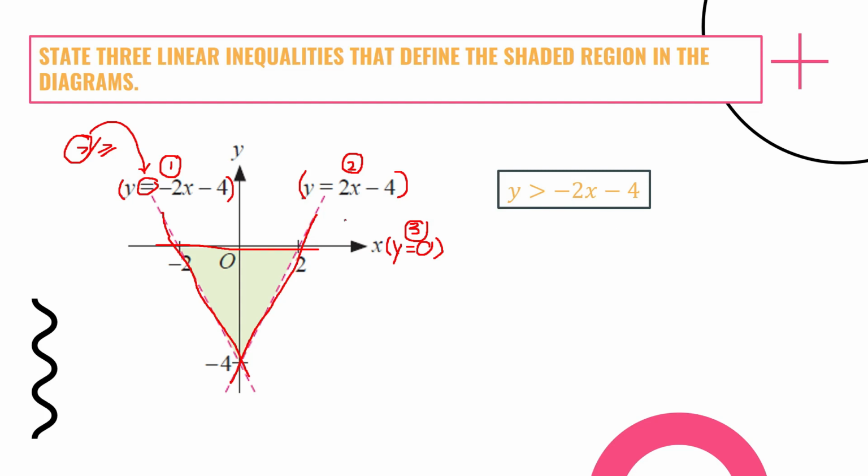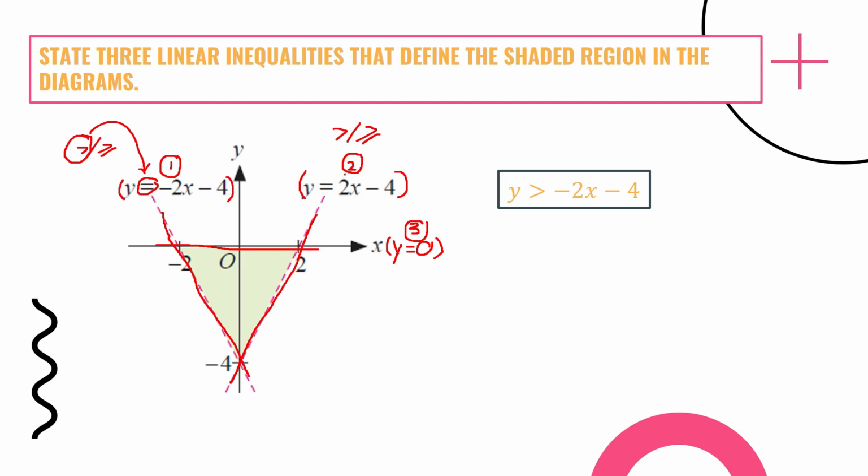And then the second equation. This straight line is also above this region, so we will use higher than or equal. Now we check which type of sign we use.